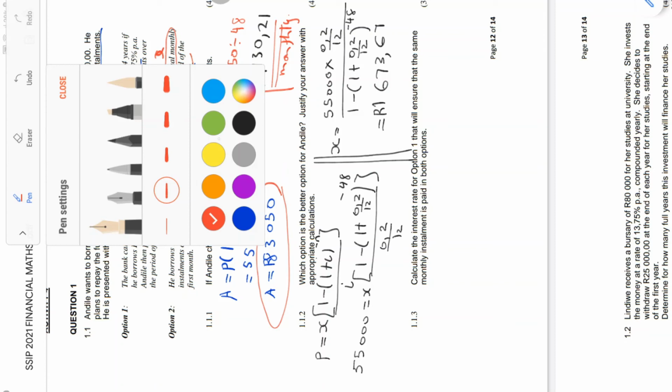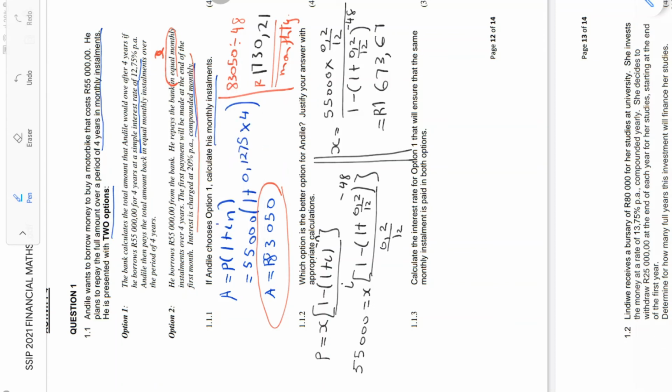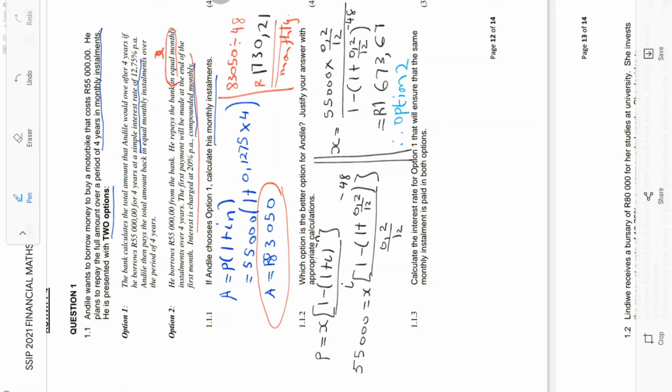That means option 2 is the better option. So therefore, option 2 is better. Why? Because he pays less monthly as compared to option number 1.